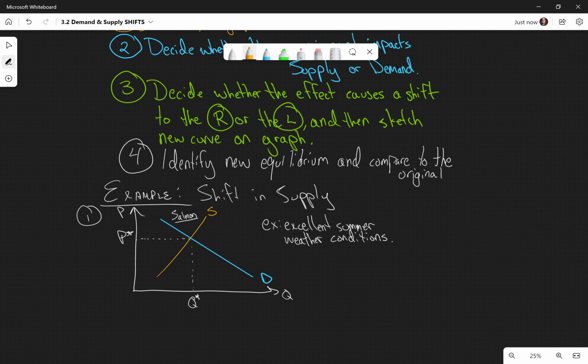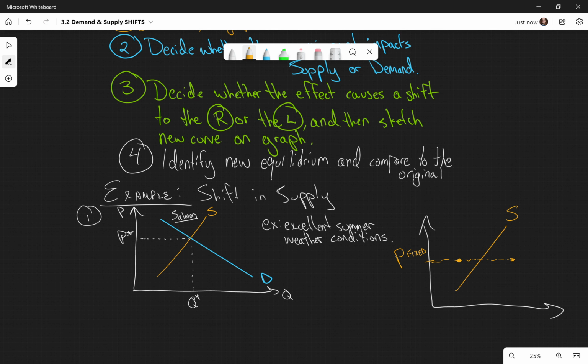And since we're told there's excellent summer conditions, one of the things we can do if we are having trouble, especially with supply, deciding whether it's shifting in or shifting out, is strip away the demand curve. Just draw a little supply curve on the side and fix the price and ask yourself, do I think there's going to be less supply produced because of this or more supply produced if I fix the price?